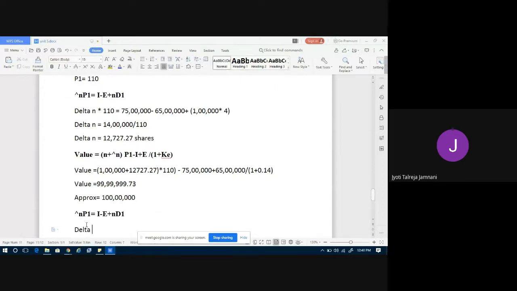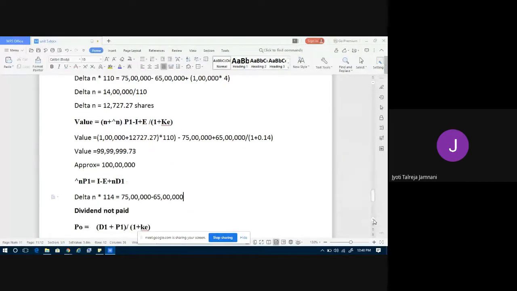Delta N into P1, where P1 is 114 in this case, is equal to investment 75 lakhs minus earning 65 lakhs plus N into D1. N is 1 lakh shares, into D1, which is 0 because in this case we are not paying dividend.